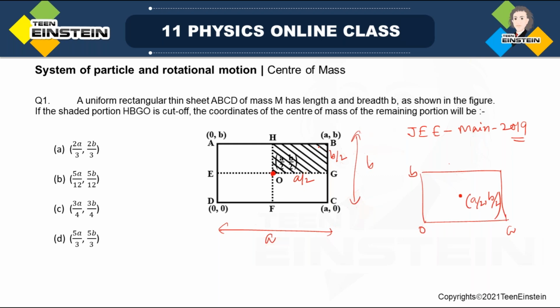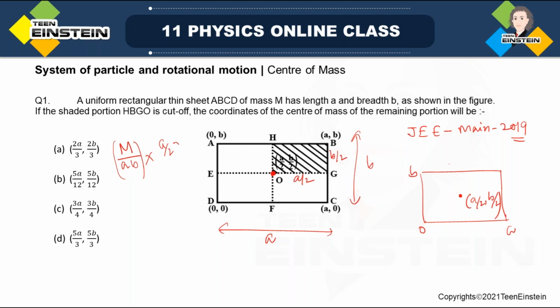If we wish to calculate the mass of this particular portion, we can. The whole mass is capital M, so the mass per unit area is M by AB, into the area of this particular part.